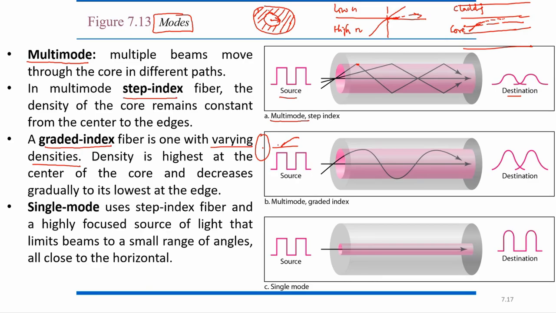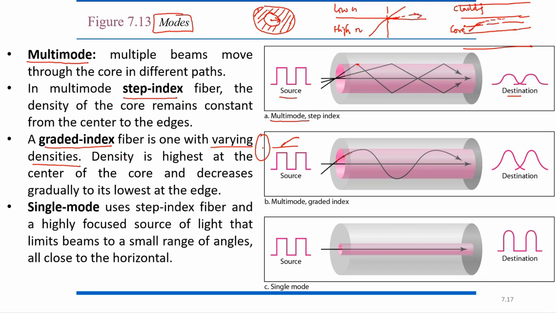It is not constant. Likewise, you can consider the graded index. That's why the light does not follow a straight line path. It follows a smooth curve, because at each point in the core itself, bending of light takes place.